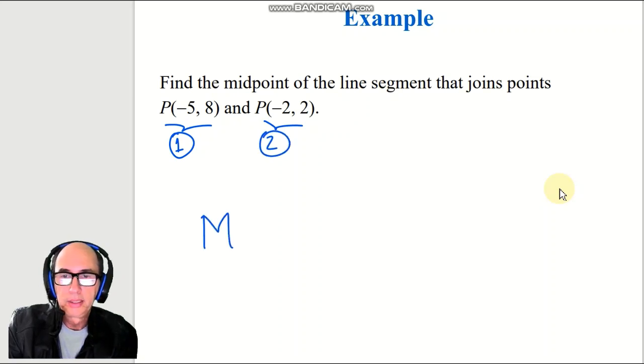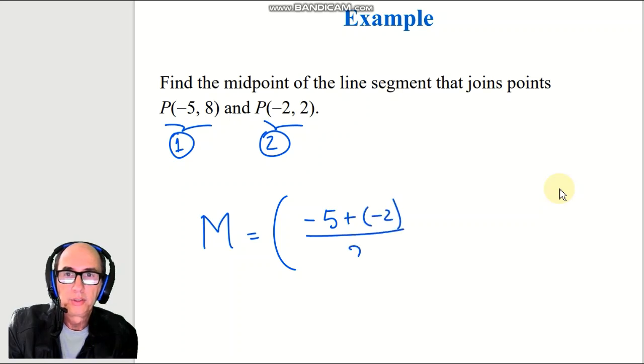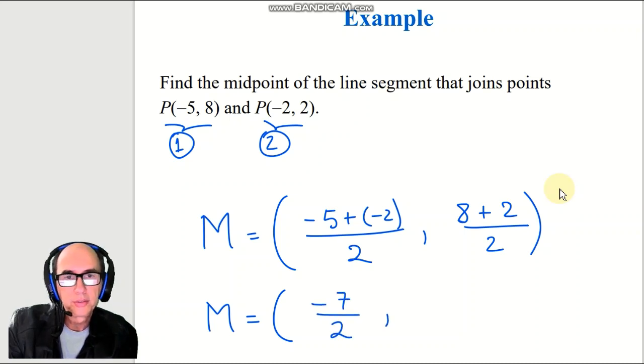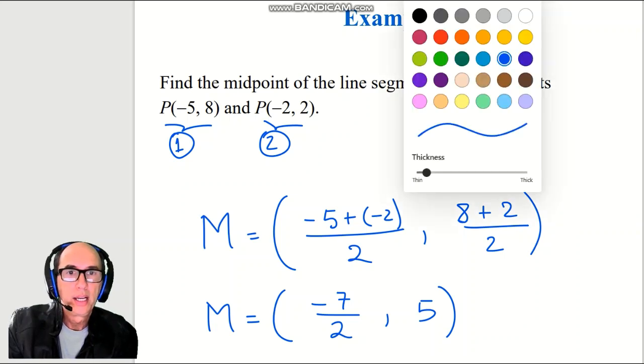The midpoint will be the x coordinates, x1 plus x2 over 2, and the y coordinates, y1 plus y2 over 2. The coordinates of the midpoint are -5 plus -2, -7 over 2. You can keep it as a fraction. And 8 plus 2, 10, divided by 2, 5.